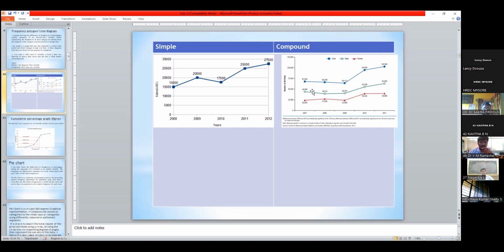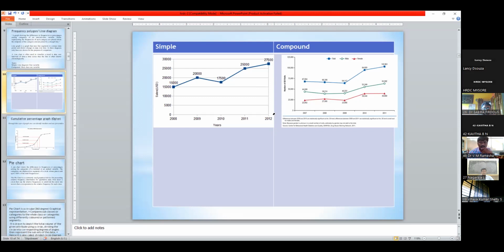So now the comparisons are much easier. That's the idea, where you can see simple and compound diagrams. In a simple diagram you basically show one line at a time, whereas in a compound diagram you can show several lines.